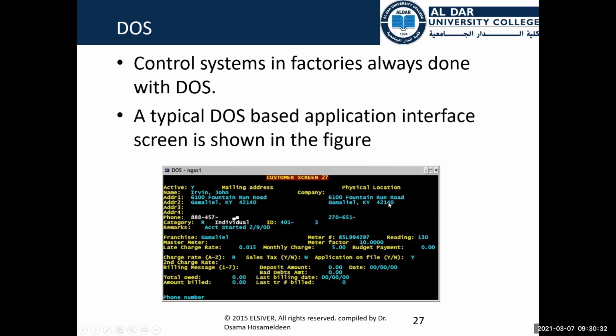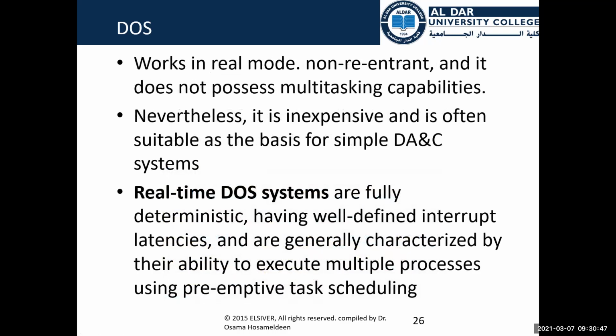That's why, if you see this screen in the factory or attached to a machine, you should know that DOS is the operating system currently running. Why do they use it? Just because it is in real mode, and it is non-reentrant and doesn't have multitasking.